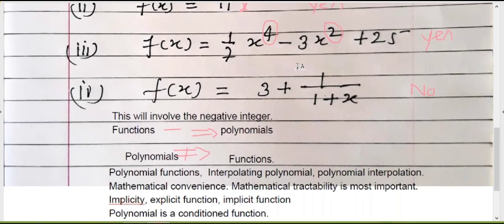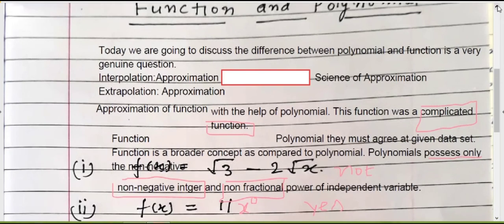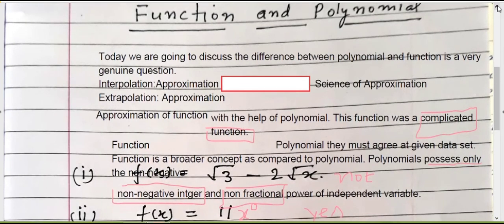So if we try to summarize from the very beginning, if you look at what we did, we started from the concept of interpolation, because we had the advantage of interpolation.